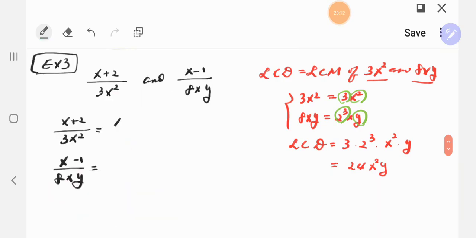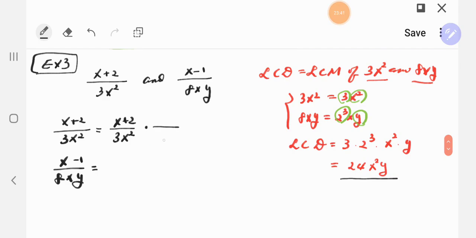So we can rewrite this. The numerator is x plus 2 and the denominator is 3x squared. And then we want to write this one in 24x squared y. The denominator has to be 24x squared y. So why don't we multiply the numerator and the denominator by what, to make this 24x squared y.